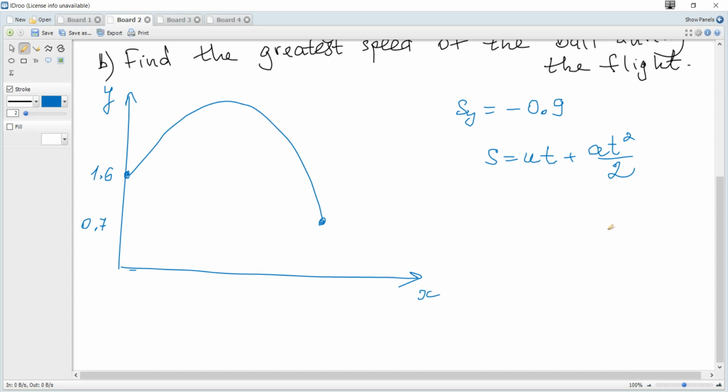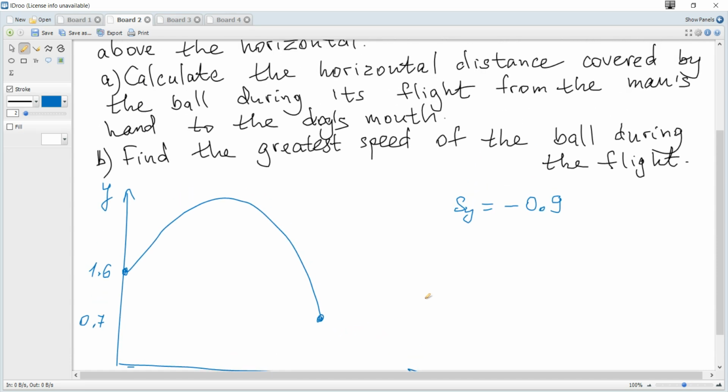And since we know that the vertical component is negative 0.9, if we consider this equation in projection on the y-axis, we can find the time of flight to attain the final point, and then applying the same equation but in projection on the x-axis, we can find the required distance traveled in horizontal direction.